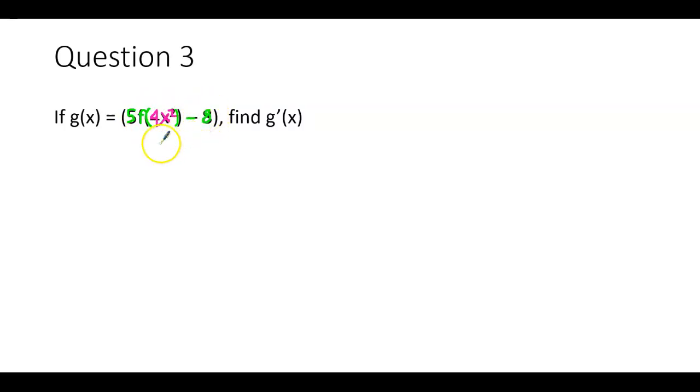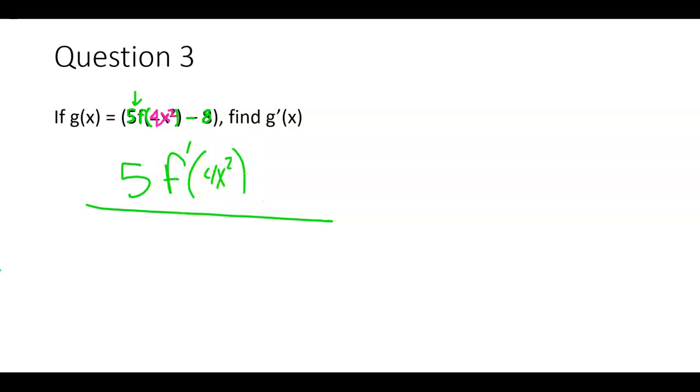So let's go ahead and do the derivative of the outside first. So the derivative of the outside, well, we have a 5 here, which is a constant multiple, and so those just typically stay. And then we have the f there, which is f prime of 4x squared.